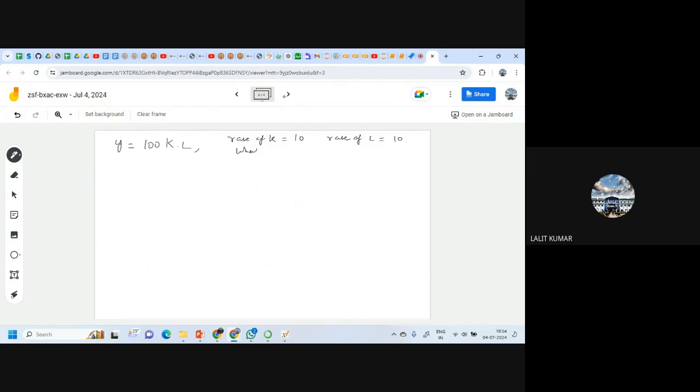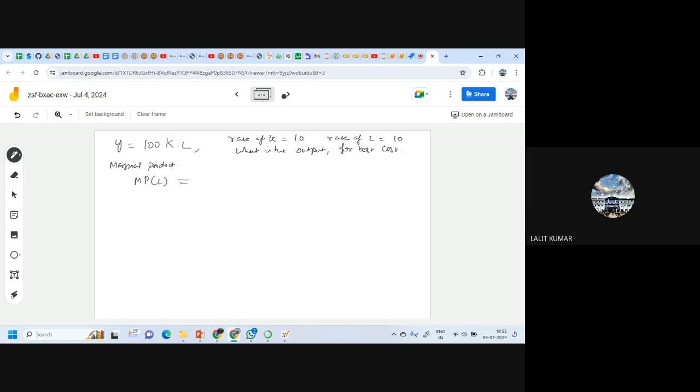So what is the output for best cost? Is this the question? It is like that. So remember here, there is something called marginal product. Marginal product means, for example, I take marginal product in relation to labor.